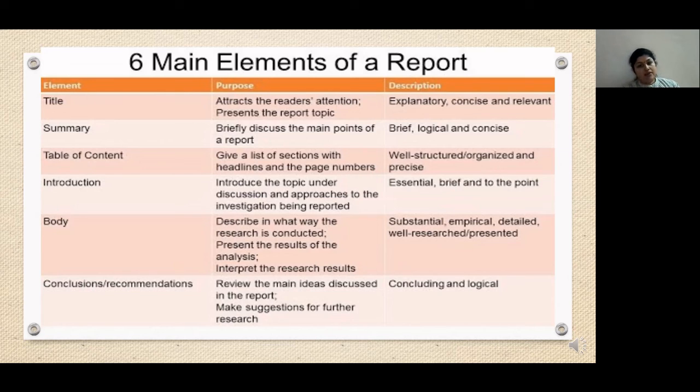The conclusion will always be concluding and logical, because on these parameters we have come to that particular conclusion, and we suggest that these steps should be taken as corrective measures, so that the more the implementation is done, the better the results it can obtain.